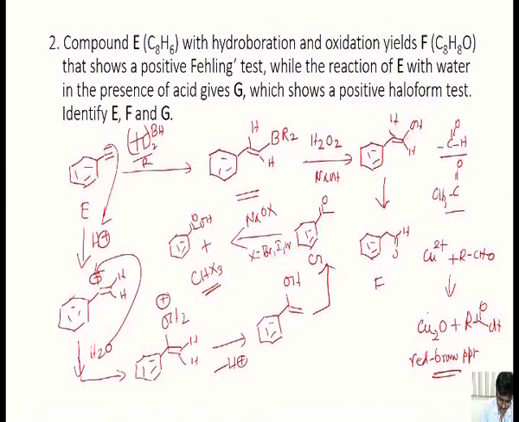If it is phenylacetylene, it can be reacted with borane to give this intermediate that can be oxidized to this enol. This will convert into an aldehyde, which can show the positive Fehling's test.